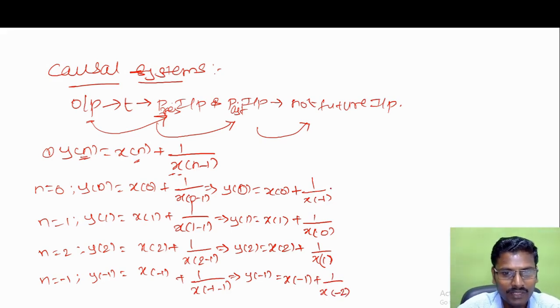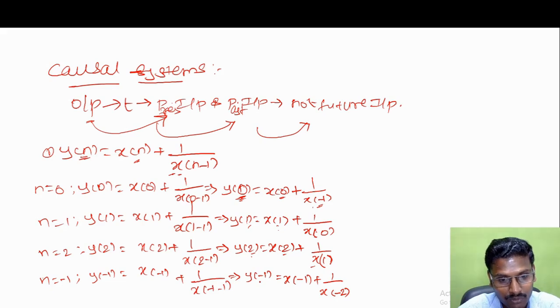Now look here: when I substitute positive values for n, the output y of 0, y of 1, y of 2 depends upon the present input and past inputs. When n is equal to 0, x of 0 and x of minus 1. When n is equal to 1, x of 1 and x of 0. When n is equal to 2, x of 2 and x of 1.